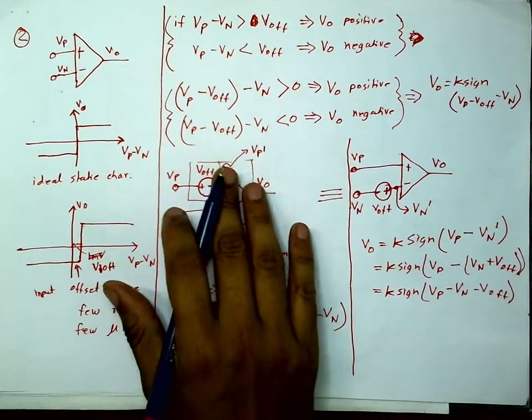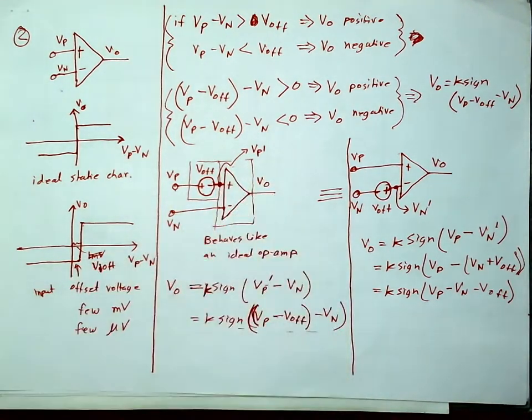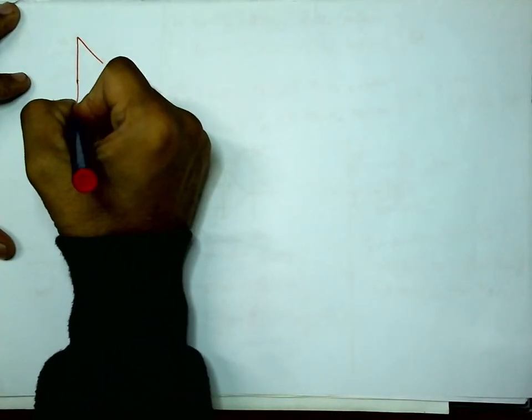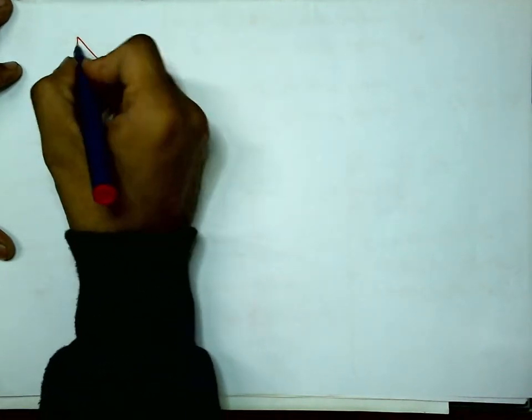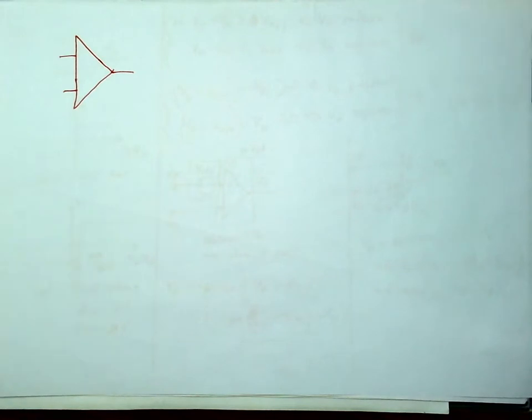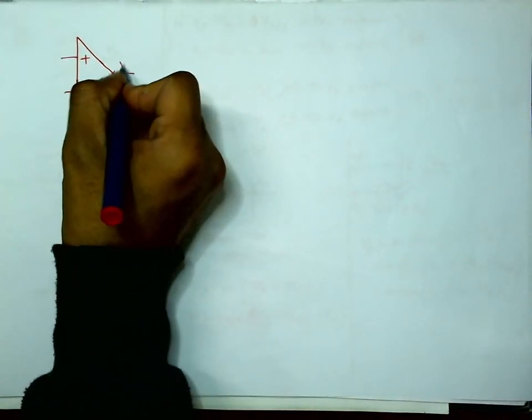Now, in continuation to this topic, let me tell you a remedy for how to get rid of these offset voltages. Generally, op amps have these two inputs and this output, and we know it also has two power supplies.